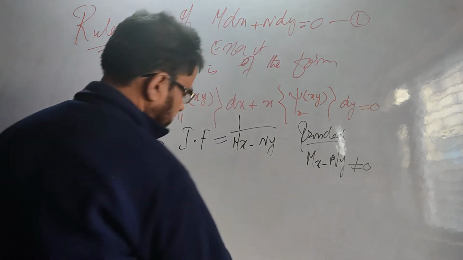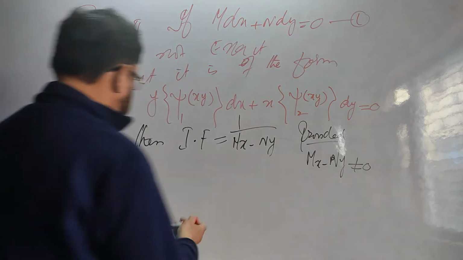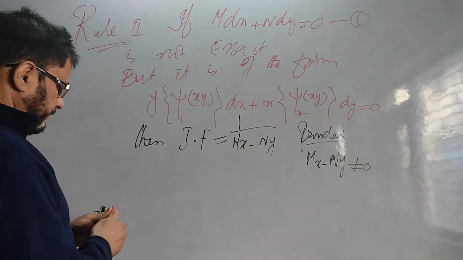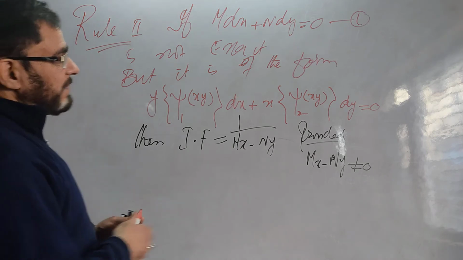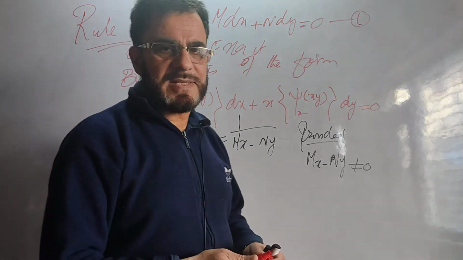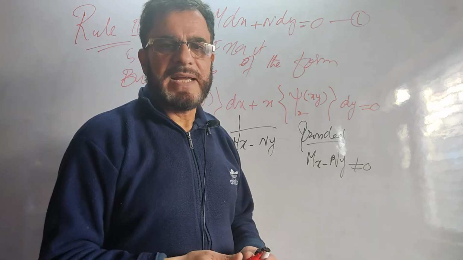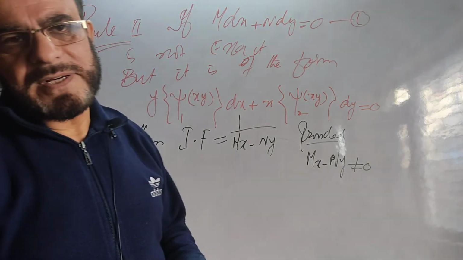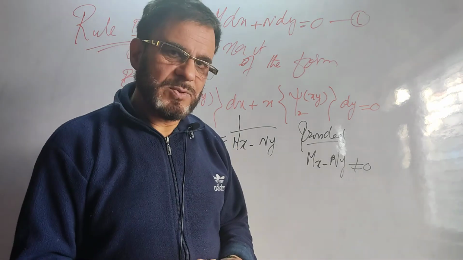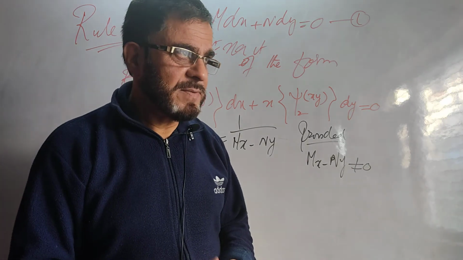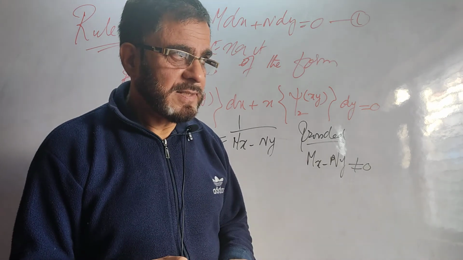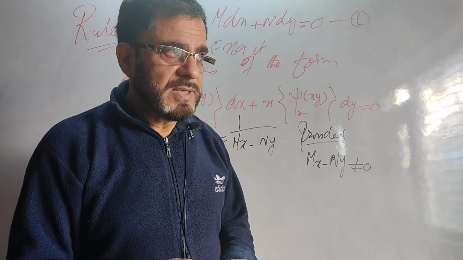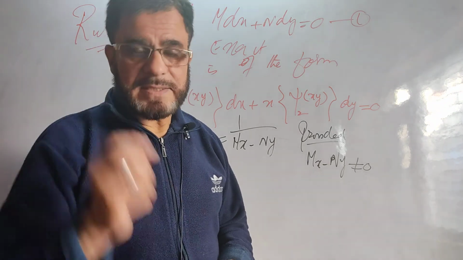Let us see where we can apply this. I have not derived these rules, but we can derive them very easily, just as we have derived the necessary and sufficient condition for a differential equation to be exact.